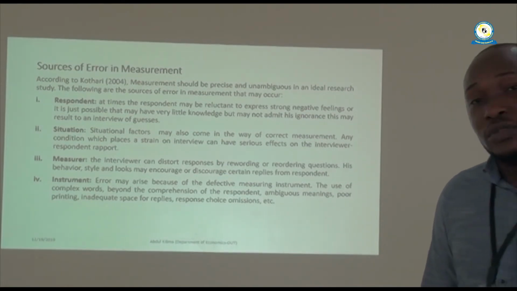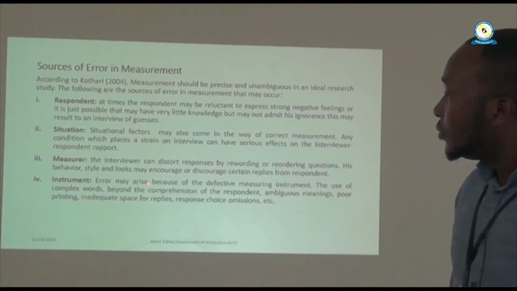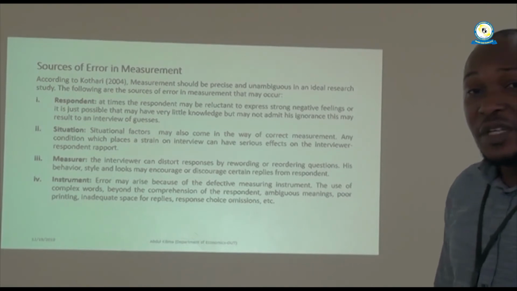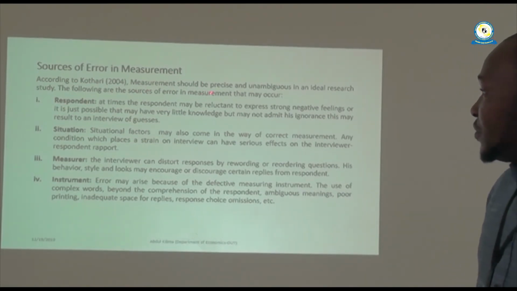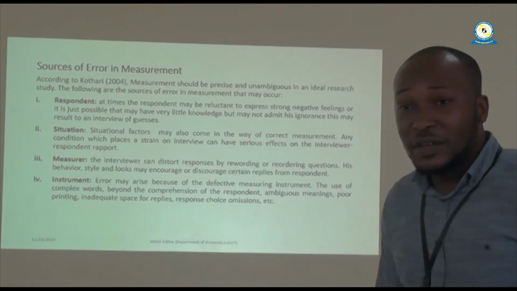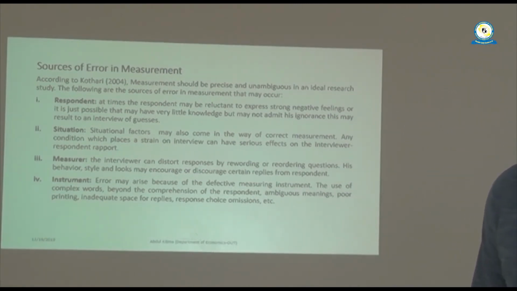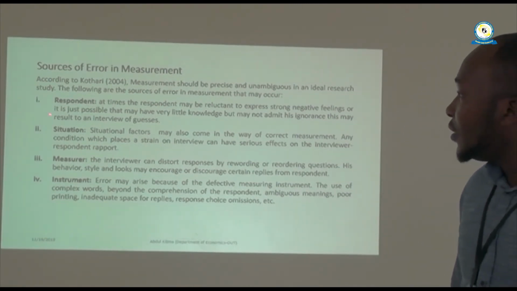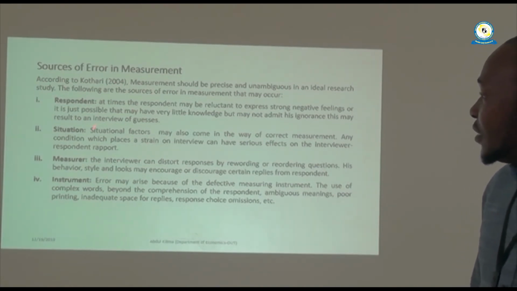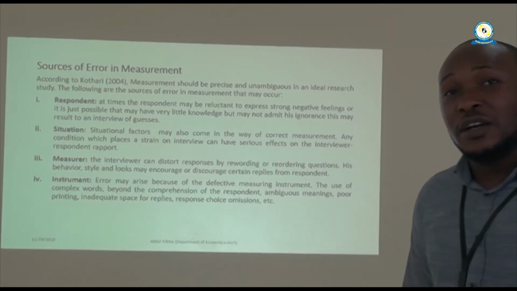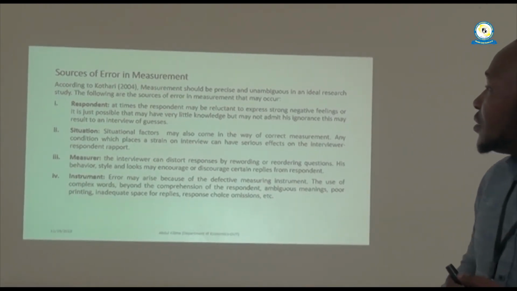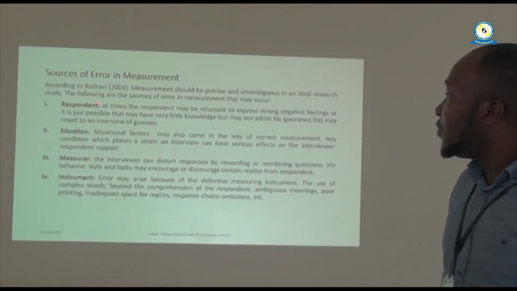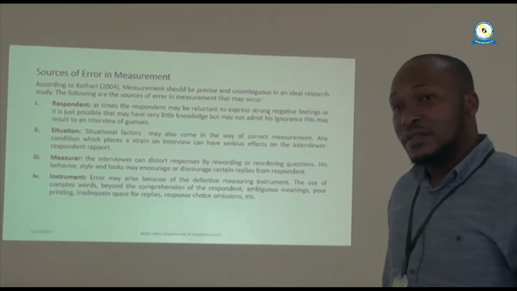Okay, now we want to look at errors. Obviously, in any measurement you may encounter some errors. Sometimes you cannot be precise, so you may find some ambiguity in your research studies. The following are the sources of errors that may occur while we are collecting information. The first error may come from your respondent.